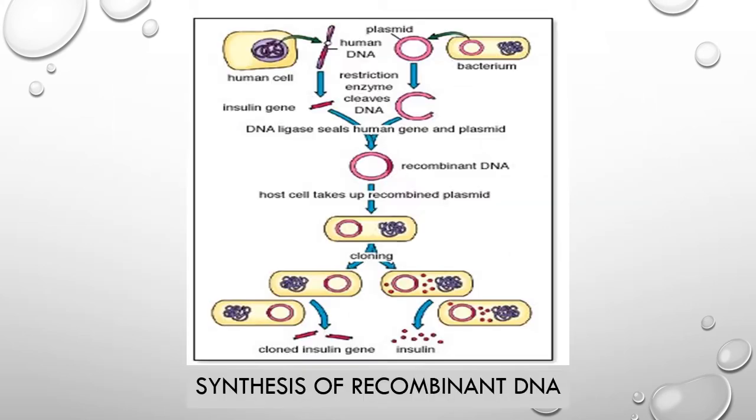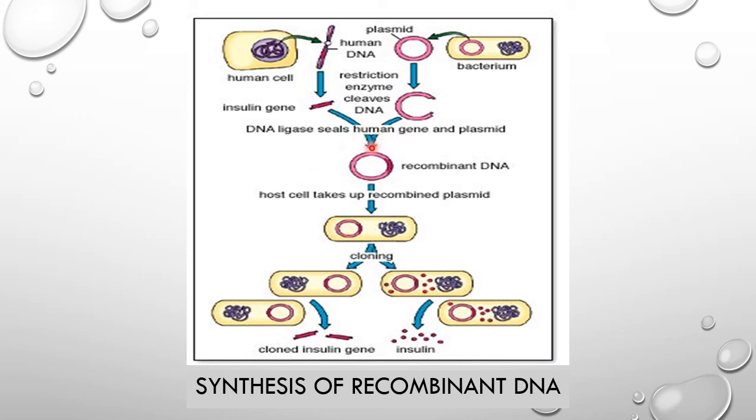One example is human insulin. This is a human cell, human DNA, which can be cut at a specific site by restriction enzymes. The insulin gene can be cut, and the plasmid can also be cut by restriction enzymes.